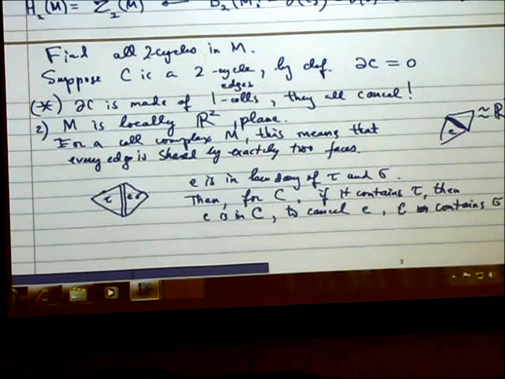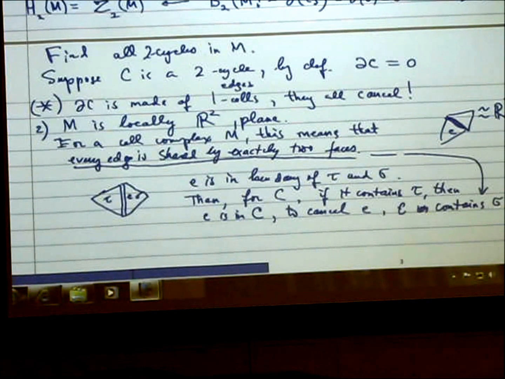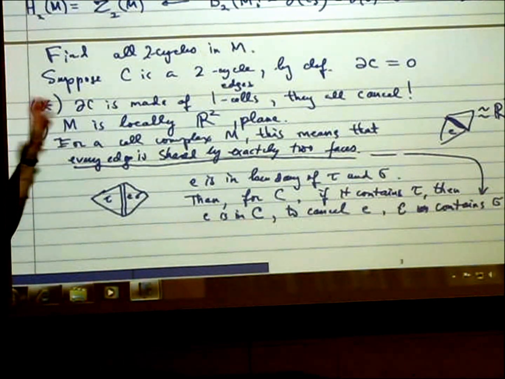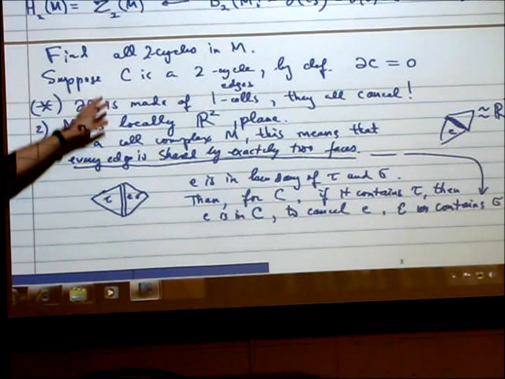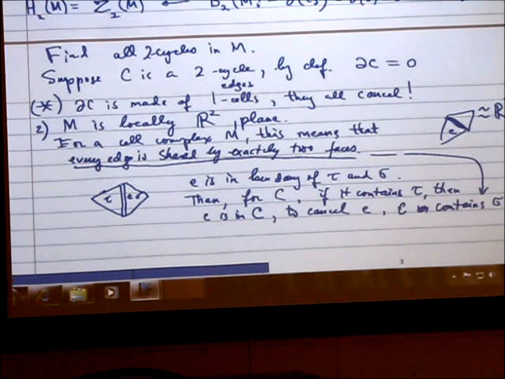Once again, by the fact that number 2 above, every edge is shared by exactly 2 faces, the only way to cancel E is if both sigma and tau are parts of C. If only one of them is a part of C, then E will be standing there and will never disappear, and it means that DC is not 0.